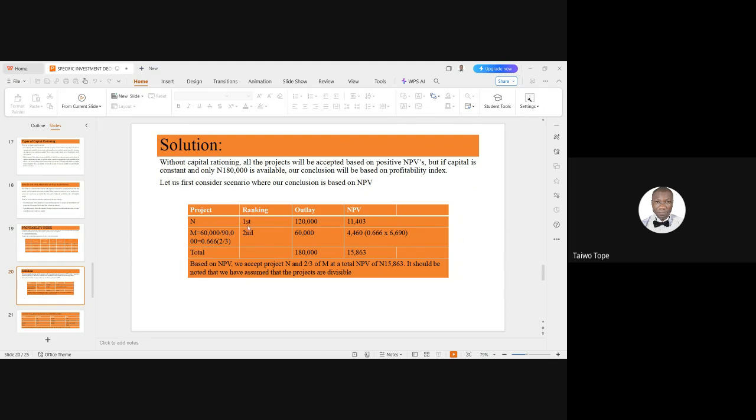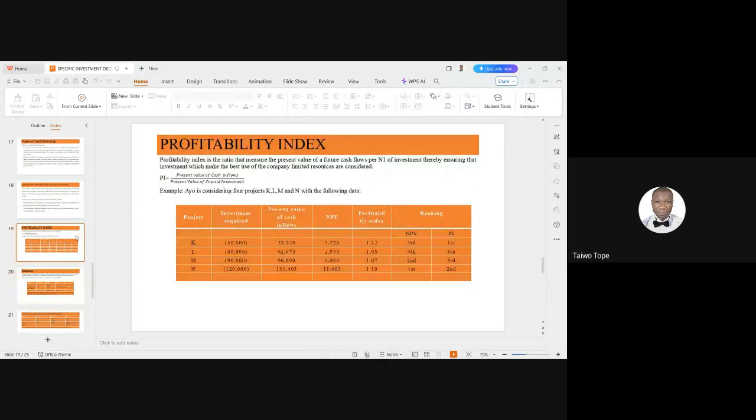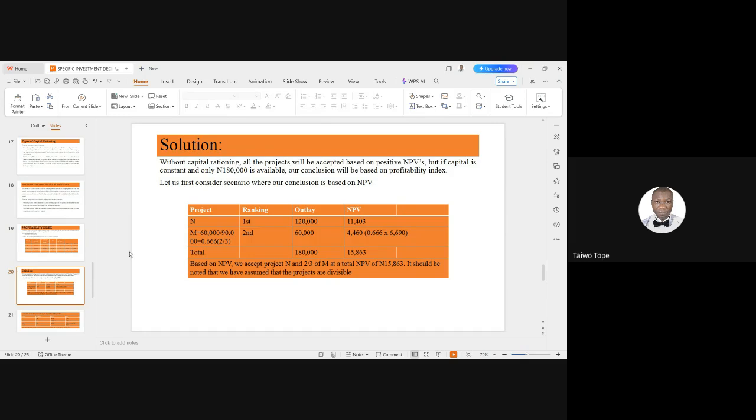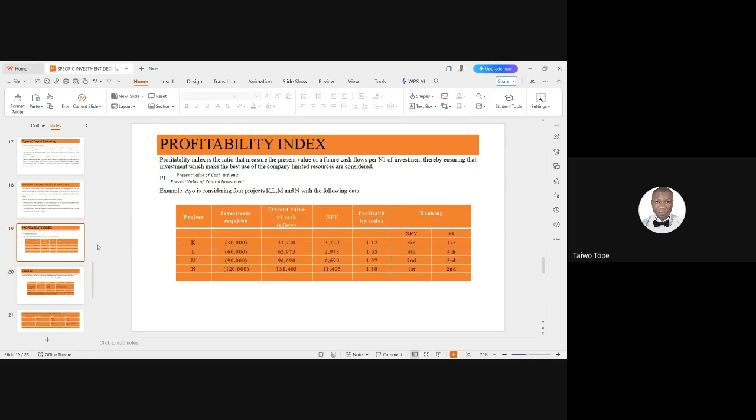Now, which is ranking next based on NPV? M is ranking next. And how much do we need? We need 90,000. We have a balance of 60,000. So what is the fraction of 60,000 in 90,000?